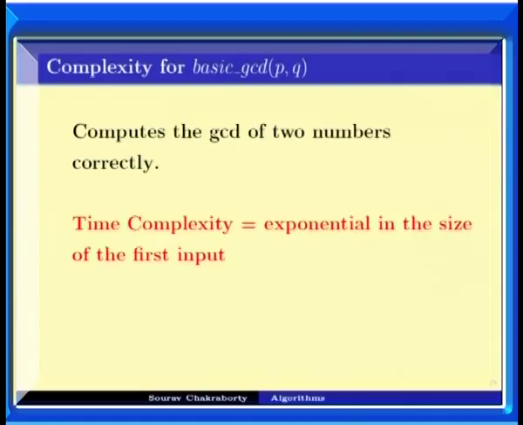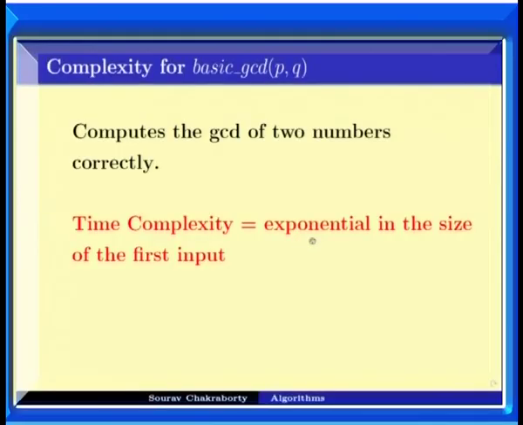So, the input size is of the order of log p to the base 2, whereas the time complexity or the number of steps is of the order of 4p. So, 4p is exponential in log p to the base 2, thus the time complexity is exponential in the size of the first input.